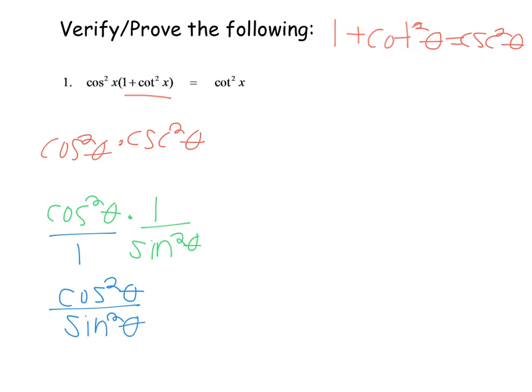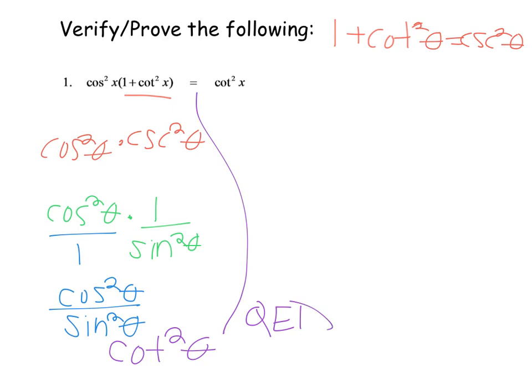Since I know that cosine over sine is cotangent, and I have 2 of them, both of them squared, then my final answer is just cotangent squared, which is what I had on the right-hand side. So remember, we draw our line and we put QED, for the Latin, representing that we just demonstrated that.